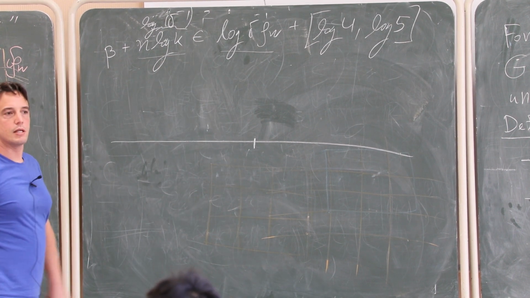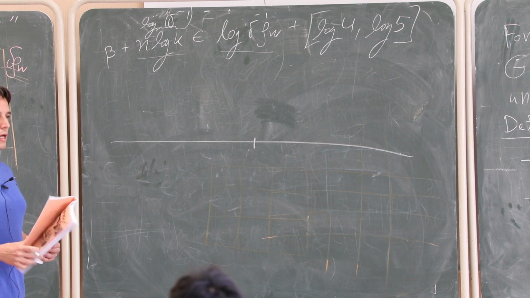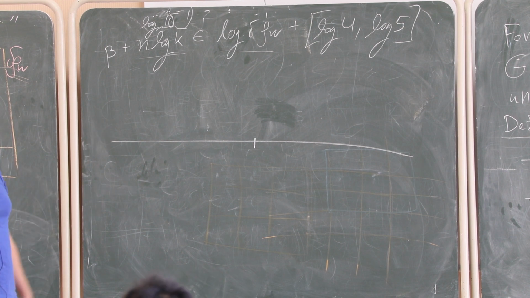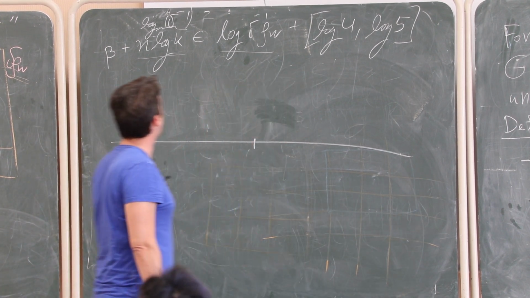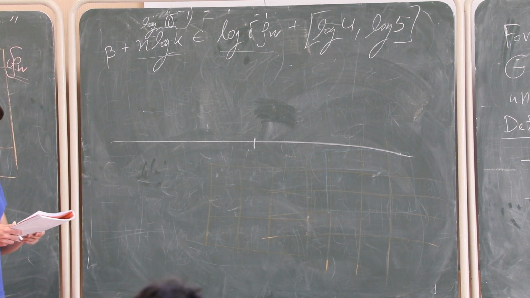Yes, I defined k to be 20 times delta to the minus 1, that's what I defined, so there's another factor of 20 here.